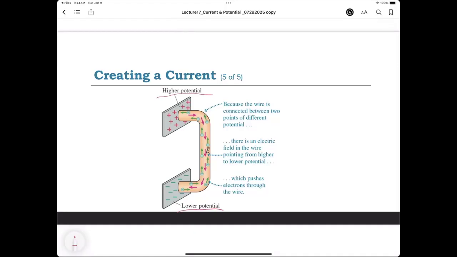Because the wire connects two points of different potential, there is an electric field from the positive to the negative, and the electrons move in the opposite direction. The electric field pushes electrons through the wire to the other plate, and then it becomes neutral. This process we call capacitor discharging. That makes sense to you? Okay.